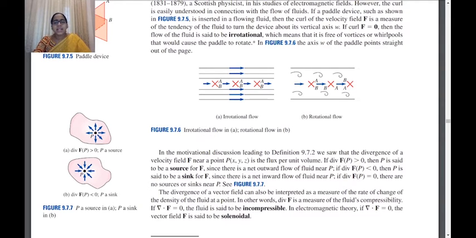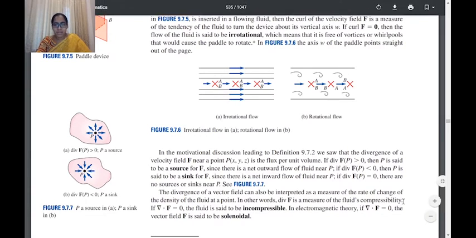Now we can consider the divergence in terms of the rate of change of the density of the fluid, or in other terms we can consider the divergence of F to be the measure of the fluid's compressibility.